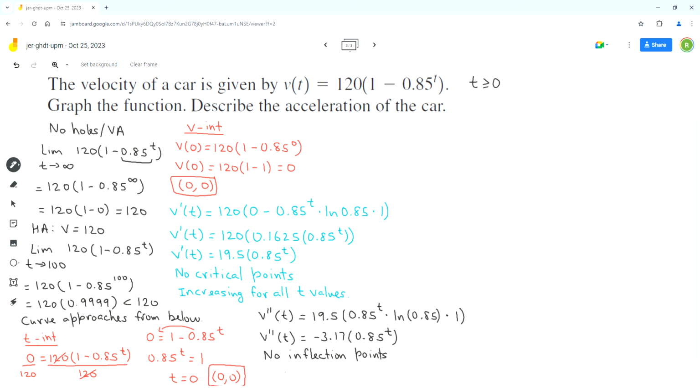So for all t values, the function will be concave down. Now we are done with the analysis for the function v at t, and we can use all of these results to sketch the function.